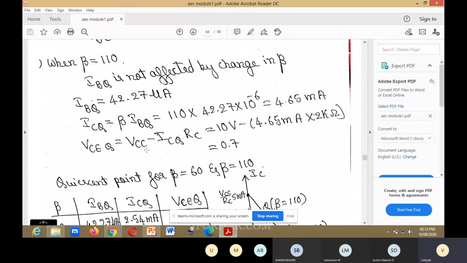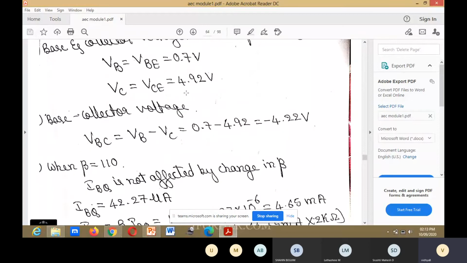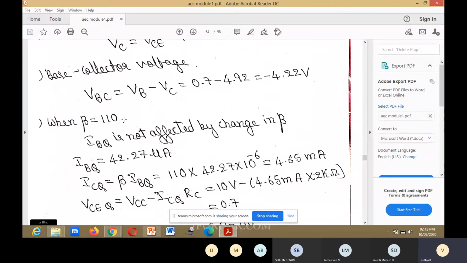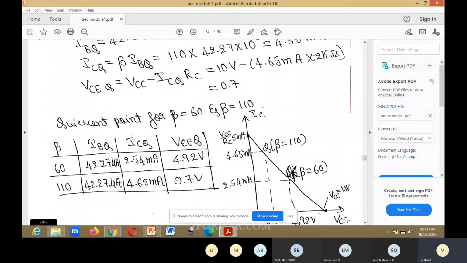VCEQ is equal to VCC minus ICQ RC. Only here the ICQ value will change. Substitute, you'll get 0.7. When beta is equal to 60, VCE value is 4.92. When beta is equal to 110, you got 0.7.